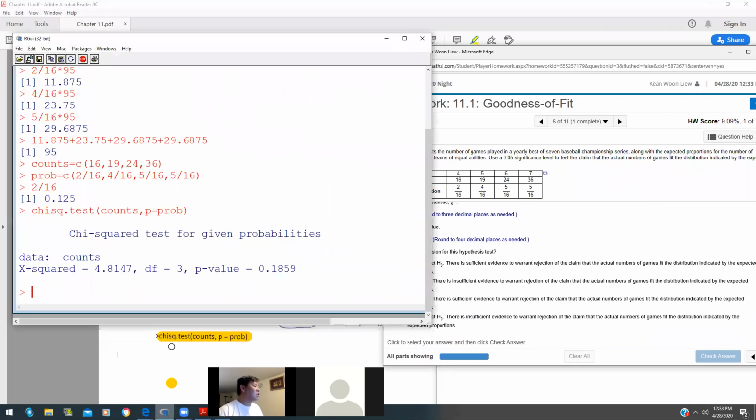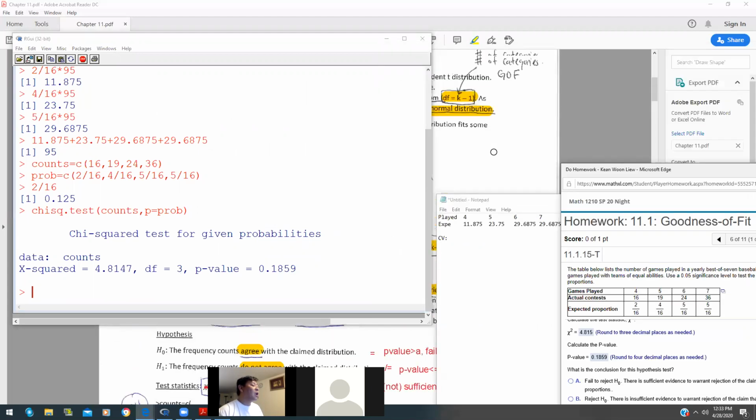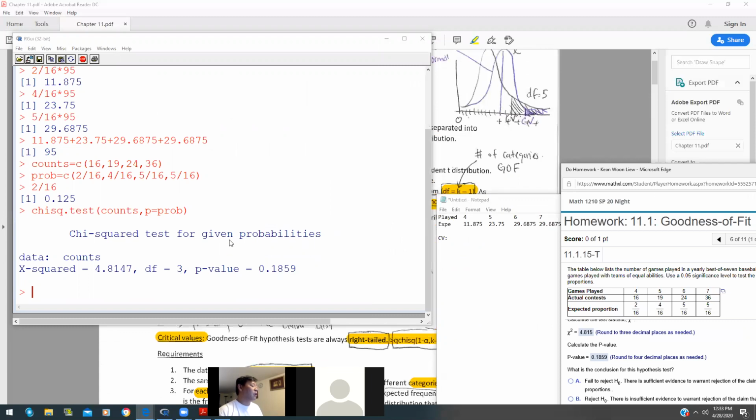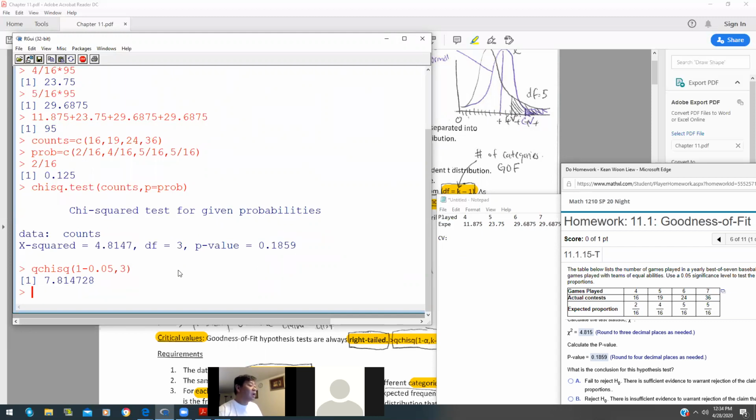Your K minus 1 is your degrees of freedom, in this case 3. So you do inverse chi-square of 1 minus 0.05, which is your alpha, and then the DF you calculated earlier, 3, you just put 3. That's your degrees of freedom. So 7.81 is your critical value.